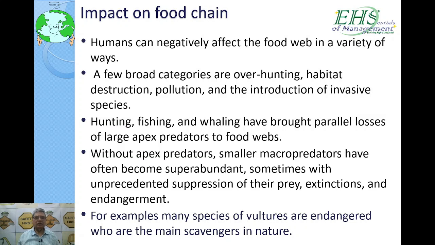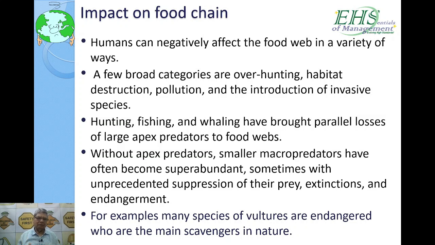So hunting, fishing, whaling have brought parallel losses of large apex predators to food webs. As I said, the cheetah is extinct. The number of tigers has alarmingly fallen. So without apex predators, smaller macro predators have often become super abundant.